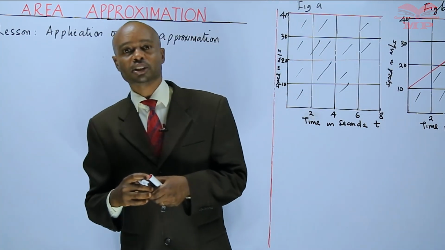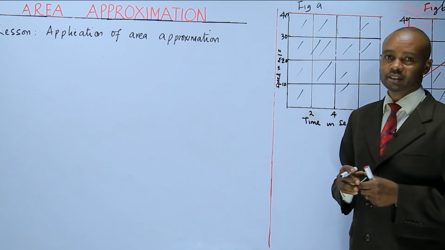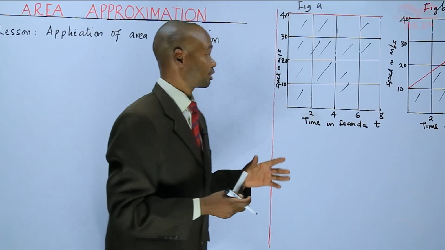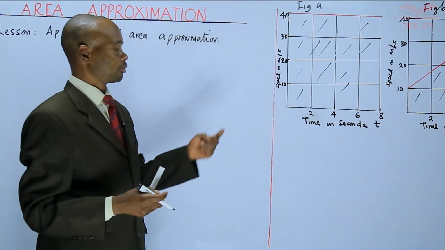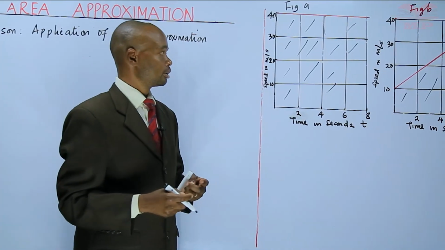So in our today's lesson, we are going to apply our lesson in what we call kinematics. In kinematics, it involves the trajectories of points, lines, or other geometrical objects.